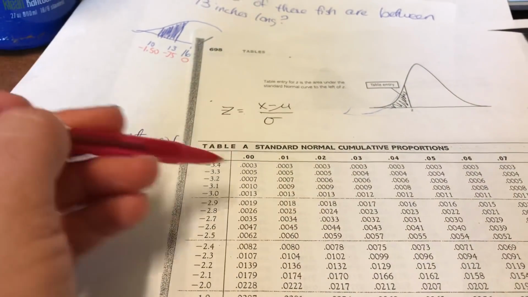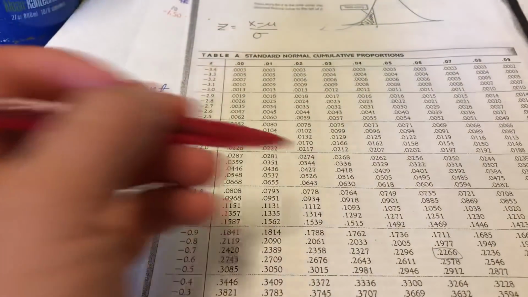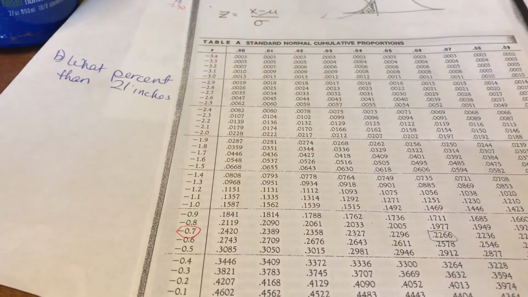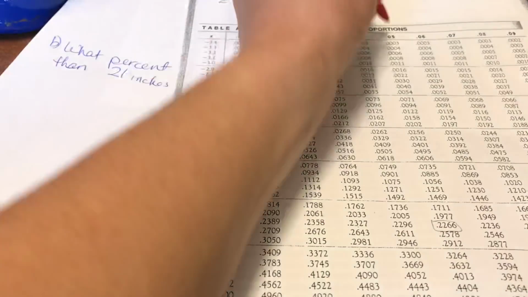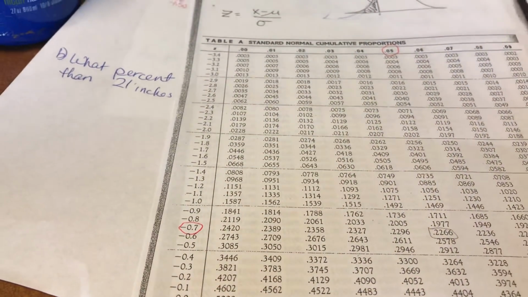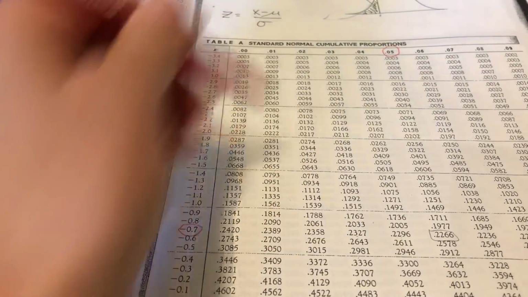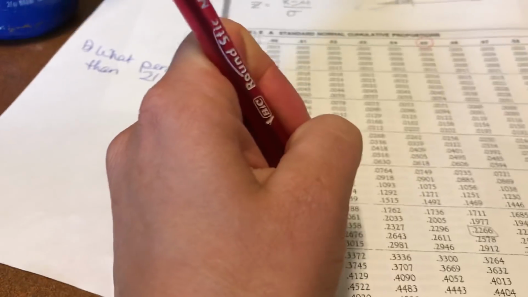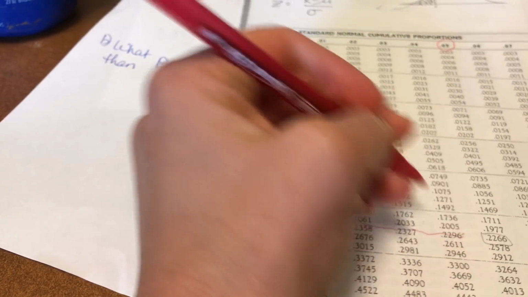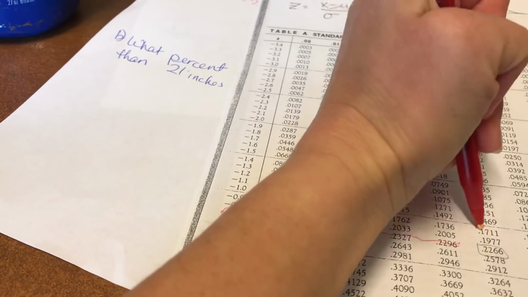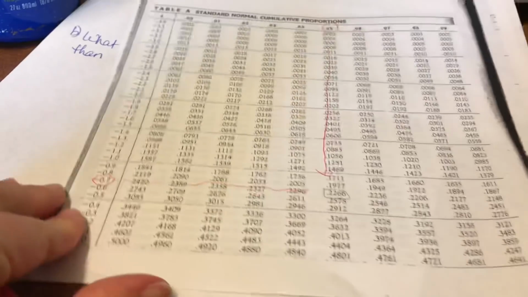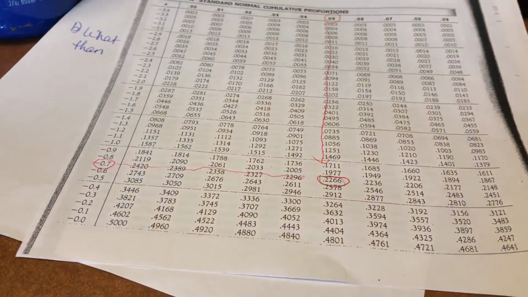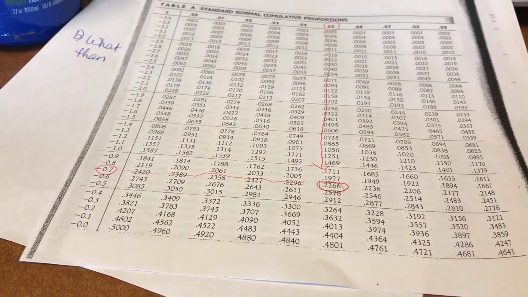So for negative 0.75, we're going to look for negative 0.7, and then we're going to go up to the column called 5. Putting those together, we get negative 0.75. So I'm going to go across, down, down, down. And where the row and that column meet, apparently someone's already done this problem, is 0.2266.